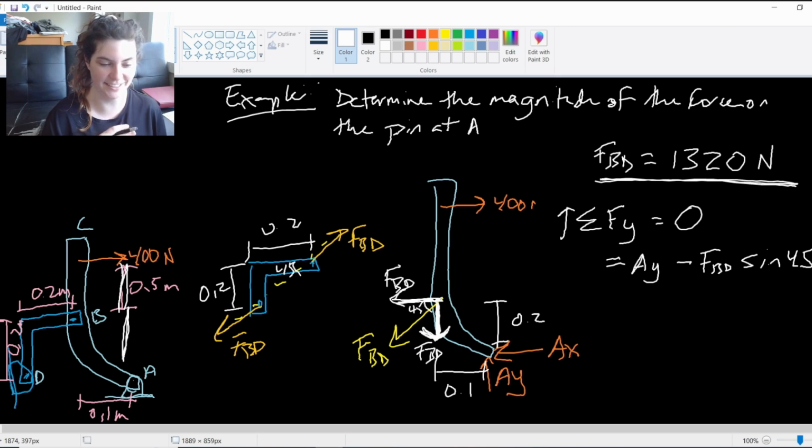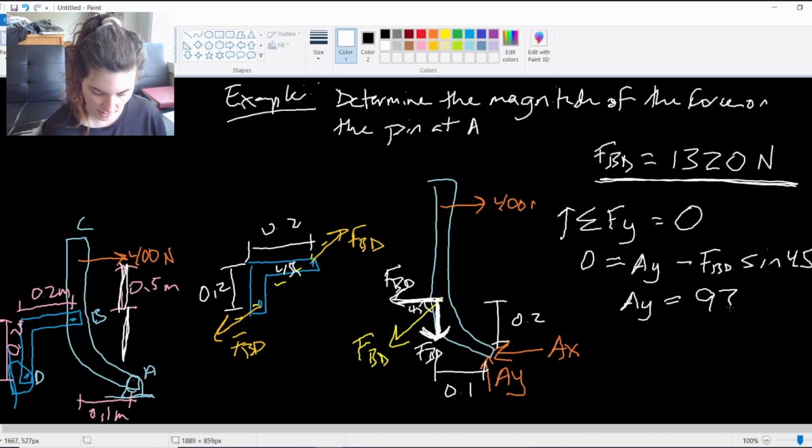If I solve this, this equals 0, I get AY equals 1320 times sine 45, which is going to give me 933 newtons in the positive Y direction.